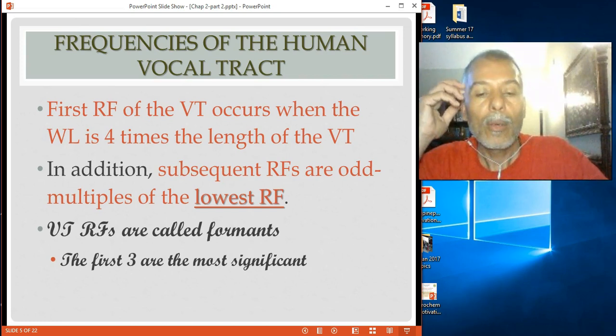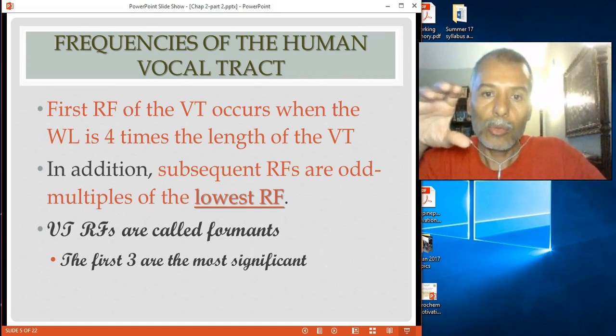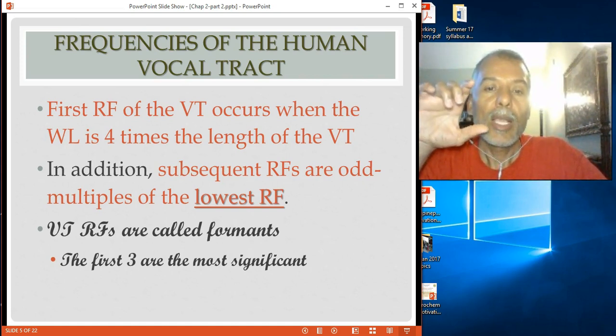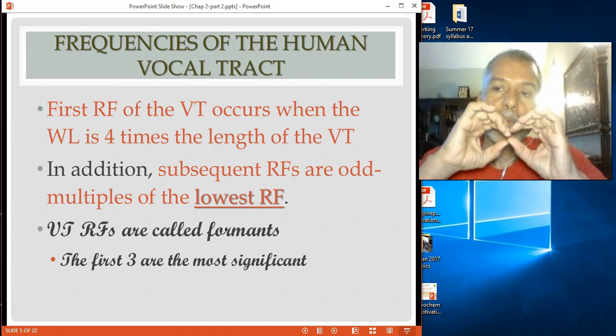Now, because the vocal tract is an acoustic resonator, a quarter wave resonator, it is going to be selective. It will act as a filter. You remember the standing waves.